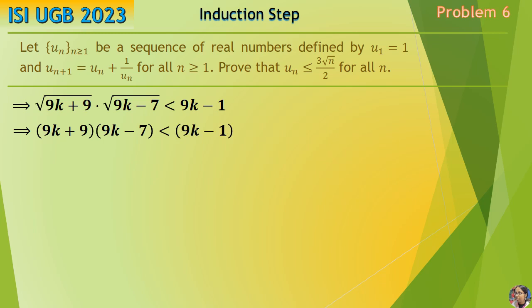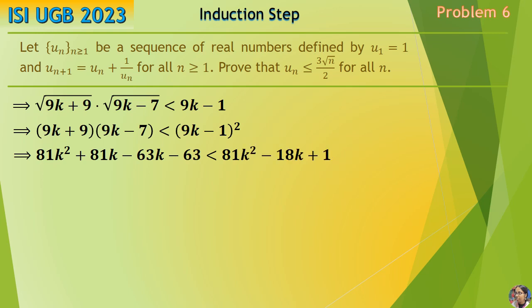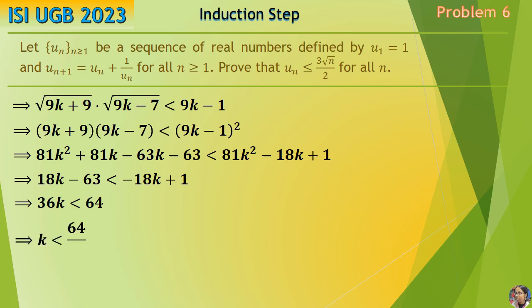Squaring both sides we get this, which gives 36a less than 64, which implies that a less than 64 by 36 equal to 16 by 9, which is less than 2.